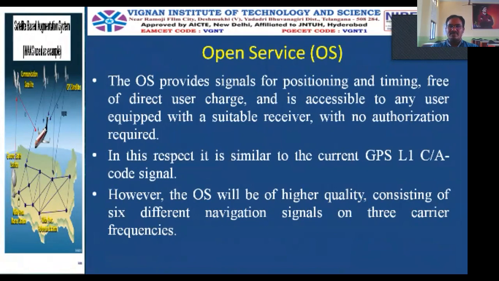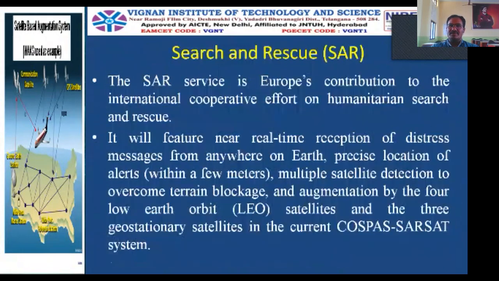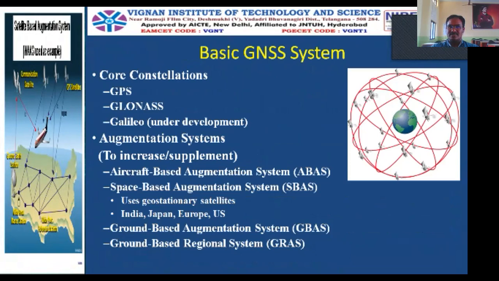One is the GPS, second is the GLONASS, and third is the Galileo, and their associated orbits, their number of satellites, their angles of inclination, their services offered, and some of the other errors associated with them.